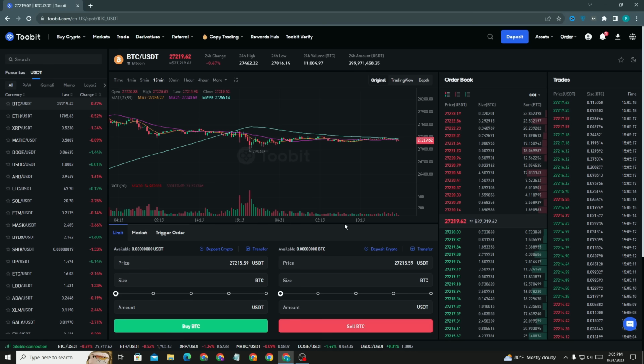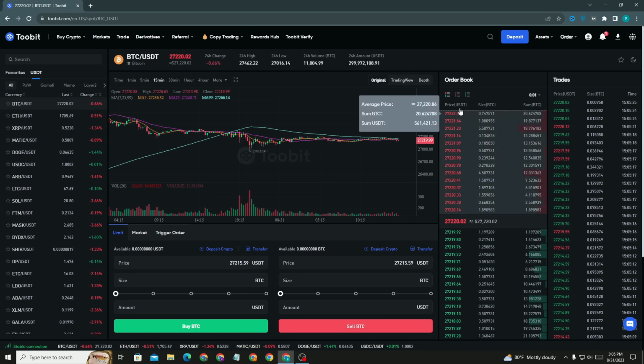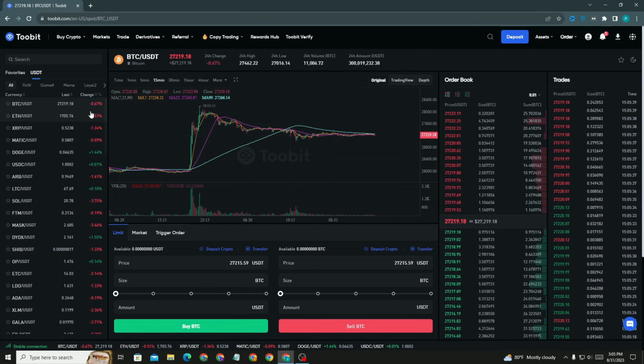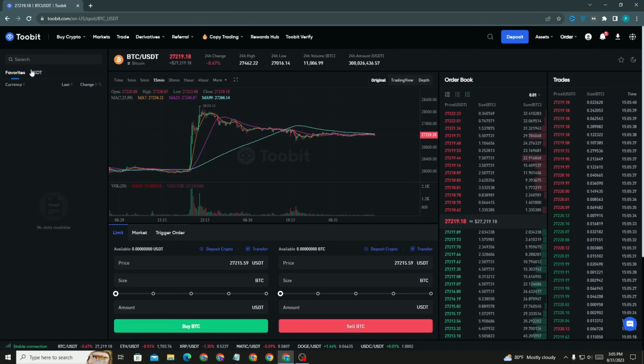You can see buying and selling of cryptocurrencies here. All these things happen on the trading platform, buying and selling. With buying and selling, the market fluctuates, either going down or going up. It depends upon the buying and selling.